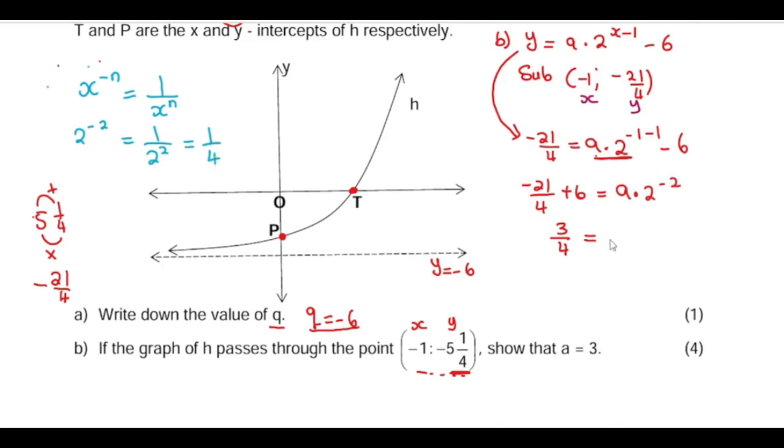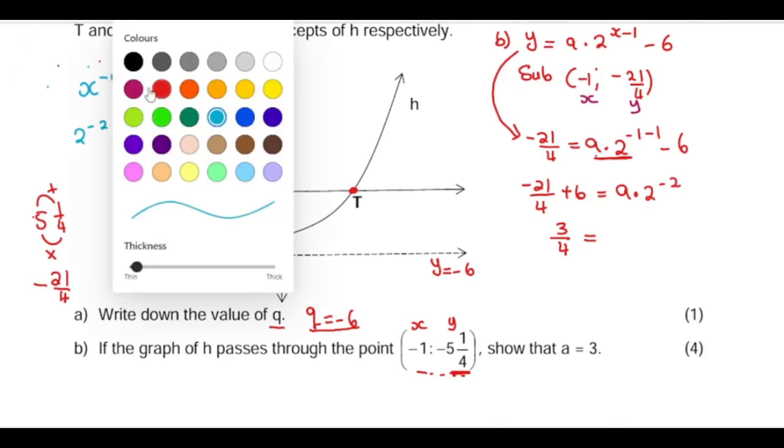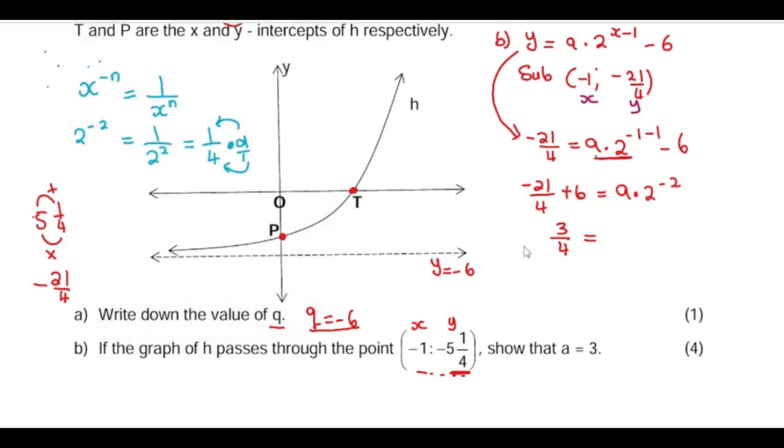So this will be 1 over 4, multiplied by a. Remember the a is over 1. So we can row multiply. This will give us a over 4. Let's quickly write that down. So this will be a over 4.